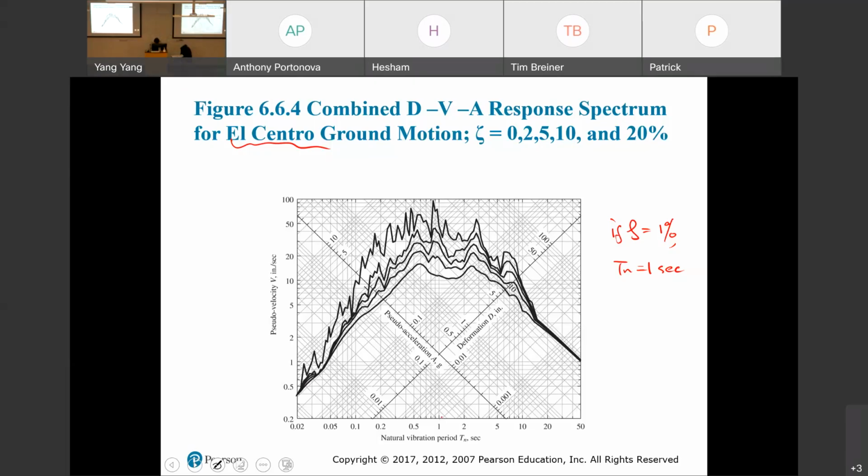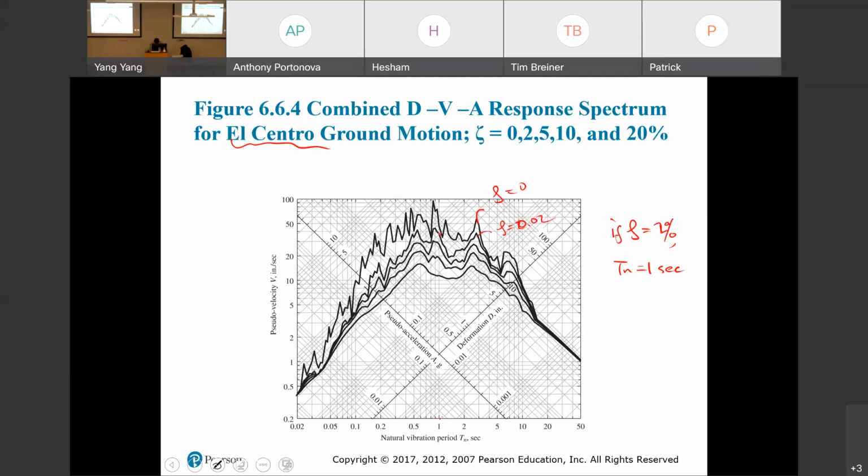So natural period equal to 1 second, and damping ratio equal to 0.01, and this should be 0.02, which means 2%. In this case, we get one value from this curve. So this data point corresponds to the response of your structure.